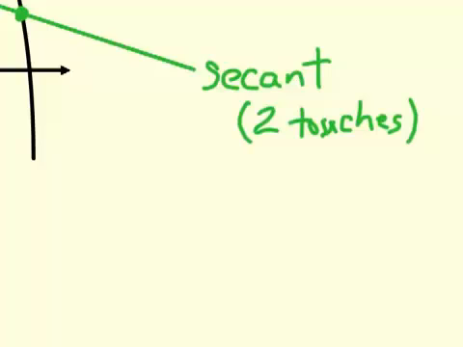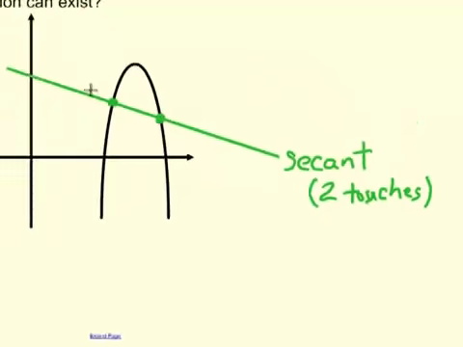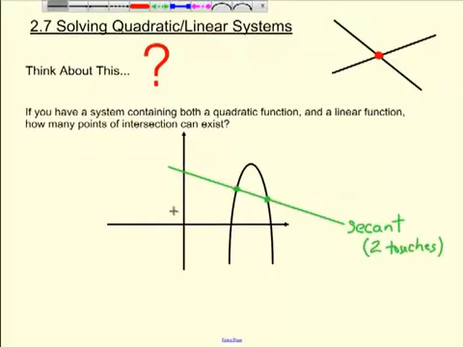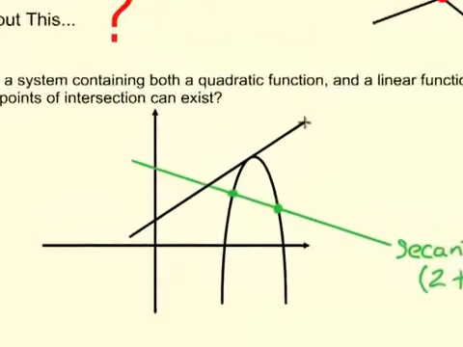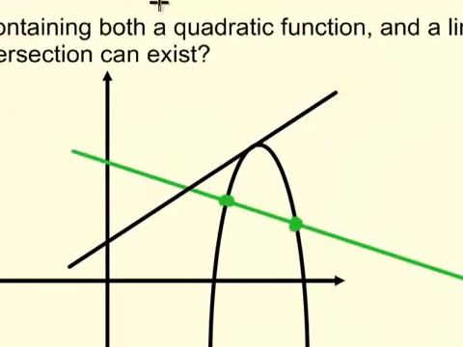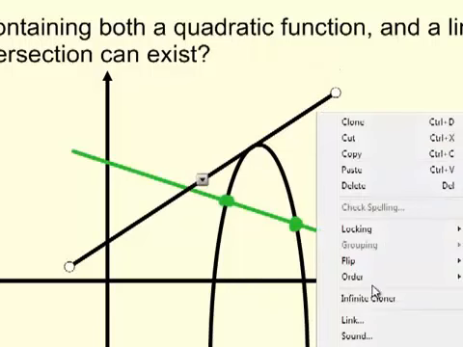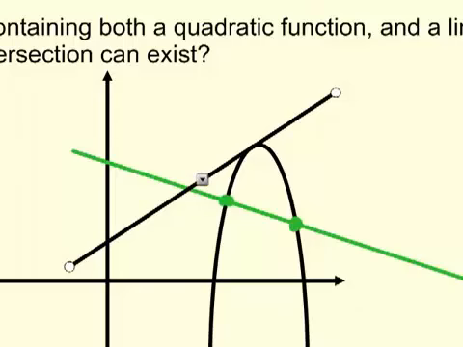It's also possible for us to have a line that just grazes the parabola. So let's say we had a line that came through just like this and just grazed the parabola right there. This would in fact only have one point of intersection. Let's make this one orange.